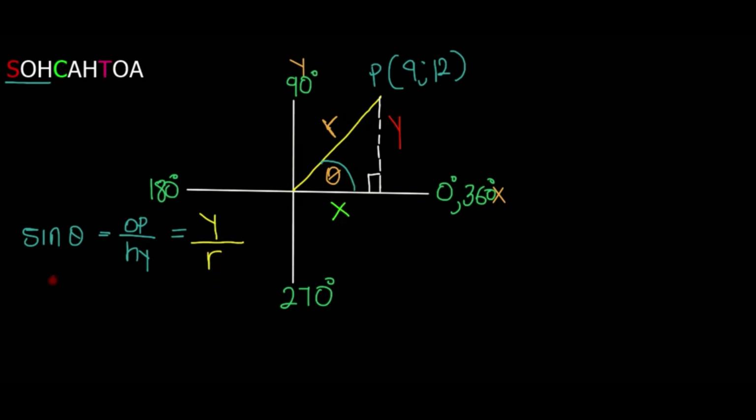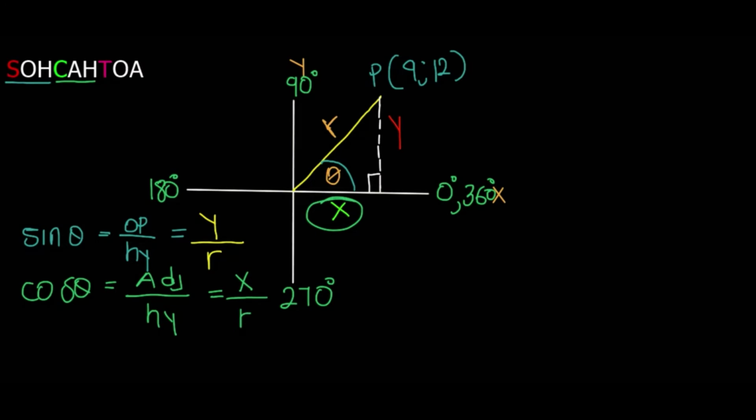And then let's look at cos theta. Here we have cos theta, which is adjacent over hypotenuse. This means our adjacent is x, so we will have x, and then our hypotenuse is r, so this means cos theta is equal to x over r, and then tan theta is equal to opposite over adjacent.